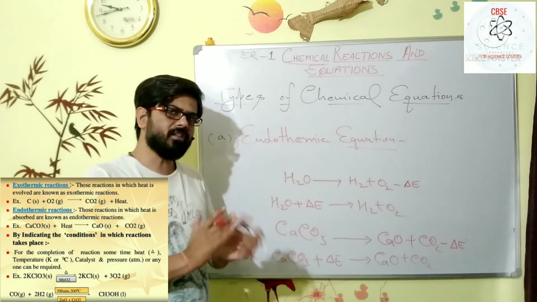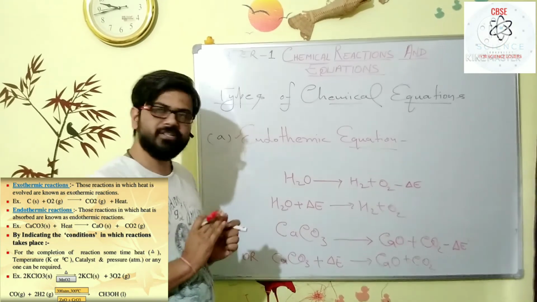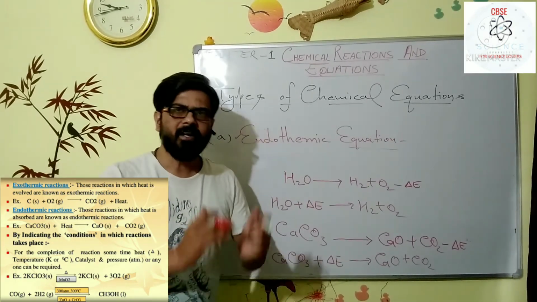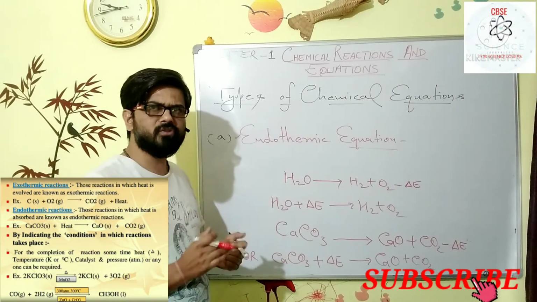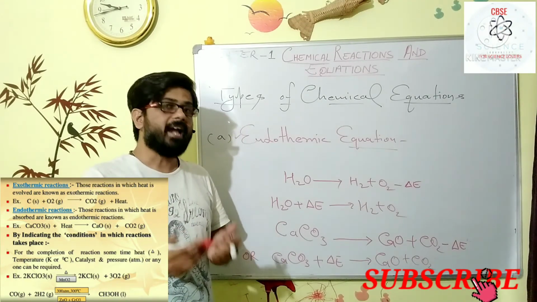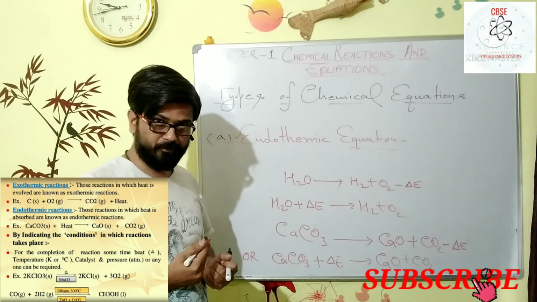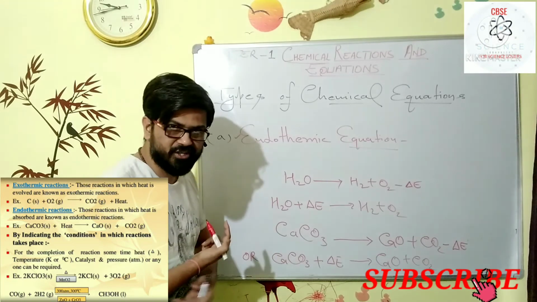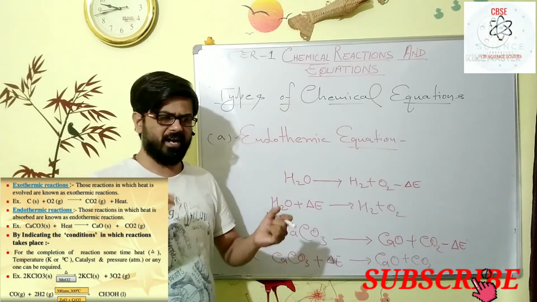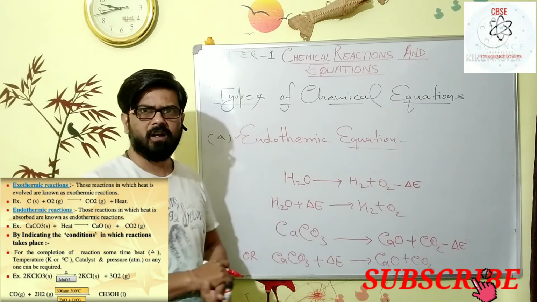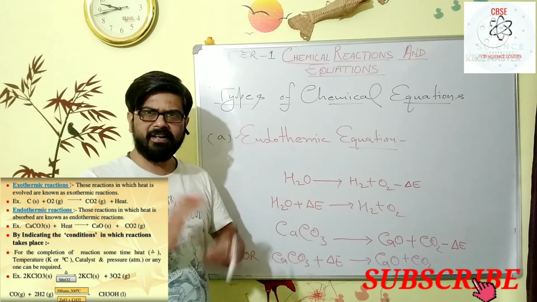My dear students, on the basis of energy transition, reactions are of two types, exothermic and endothermic. Exothermic reactions are those reactions in which the energy is evolved or released during a chemical change, like respiration, like the combination of hydrogen and oxygen to release H2O, or any burning reaction.